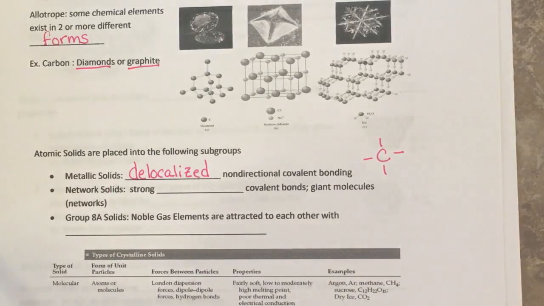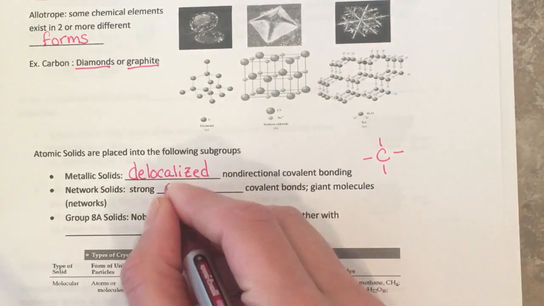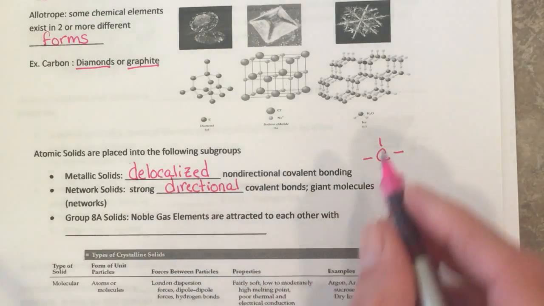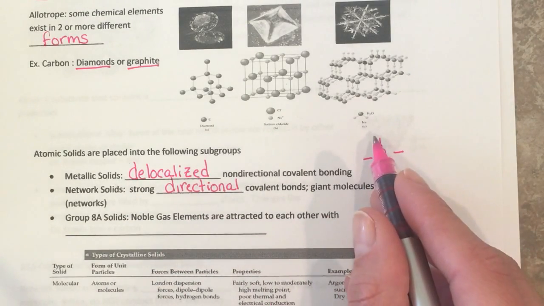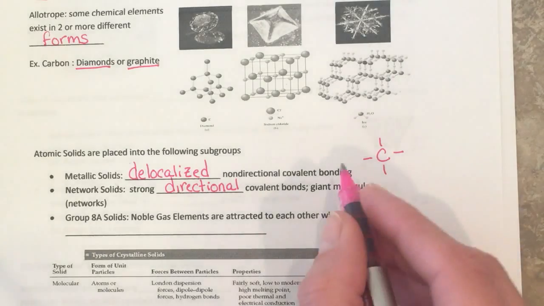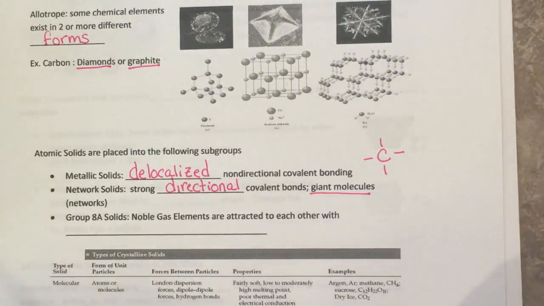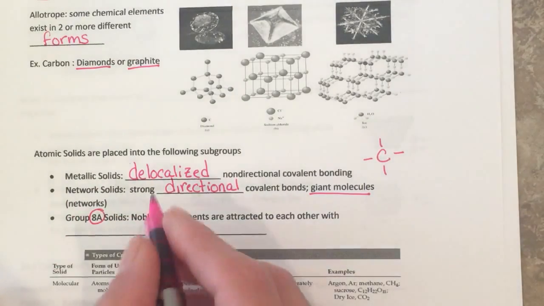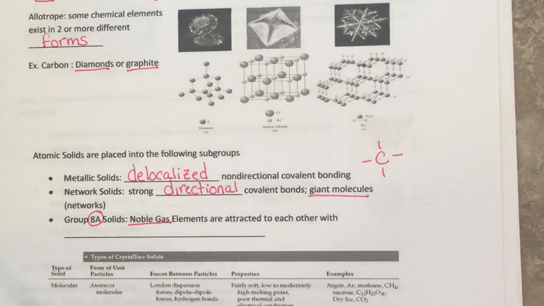We can have network solids, which will have directional covalent bonding, like we've talked about before. But a network solid is going to be a little bit different because we're going to form giant molecules. So it's going to go on and on and on. We can also have group 8A solids. Group 8A solids, as the name implies, are only noble gases.